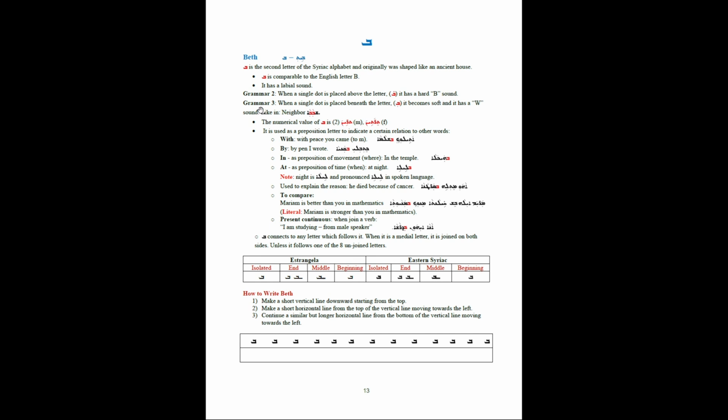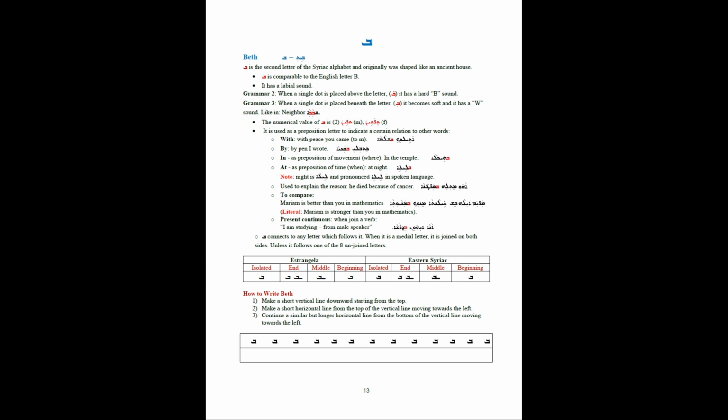And now grammar 3, it says when a single dot is placed beneath the letter Beth, single dot here, it becomes soft and it has a W sound. So every time I have a single dot underneath B, that letter is not B anymore, it is a W. And that is a grammar in Surat.